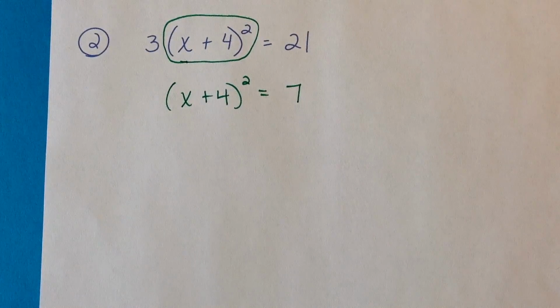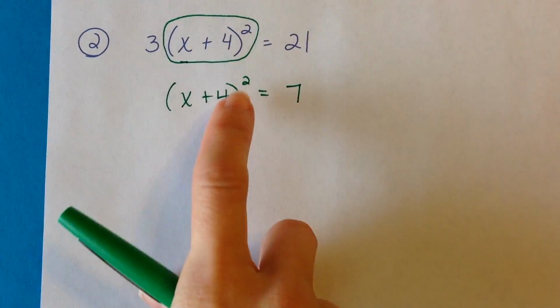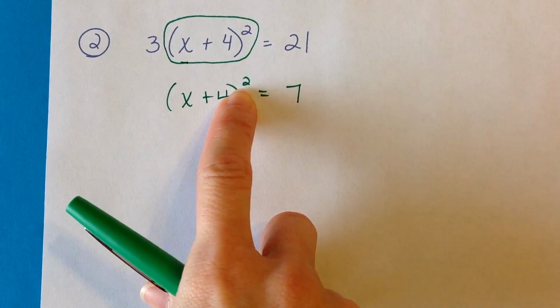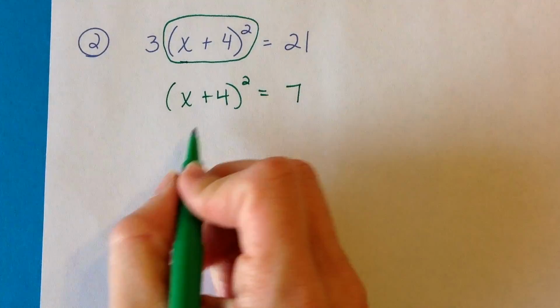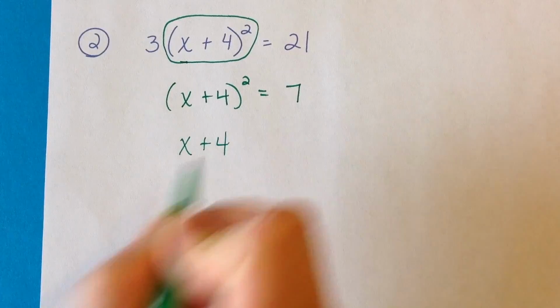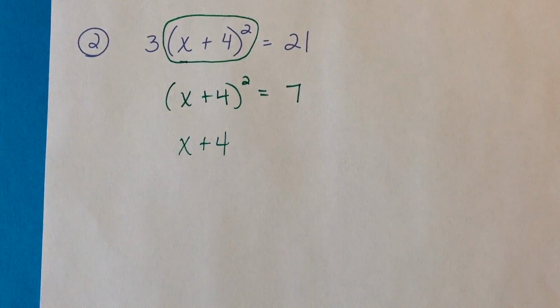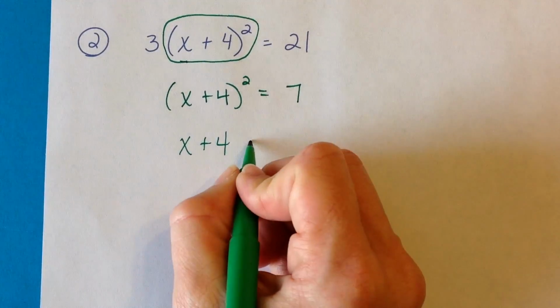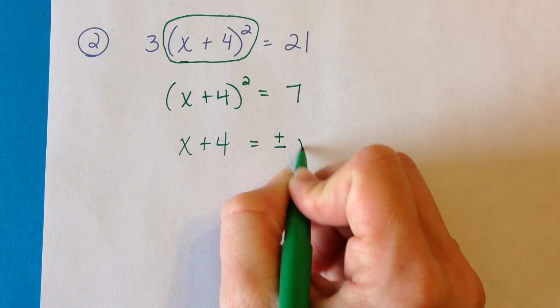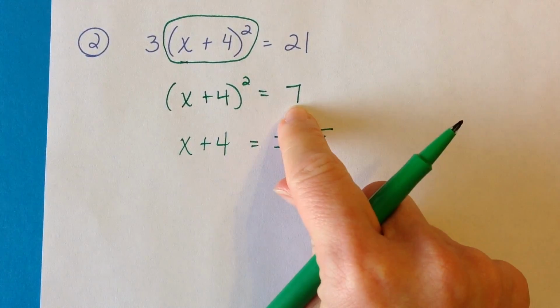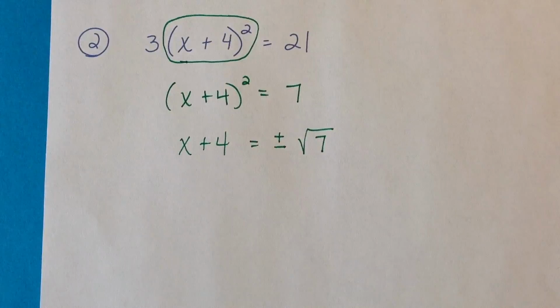Okay, now again, once you have that by itself, now you take square root of both sides. So since this is squared, when I take the square root, that's just going to make your square go away. And you're just left with the expression that's inside the parentheses. Okay, this is where you put your plus minus. And of course, you also have to take the square root of this side, which will give us square root 7.